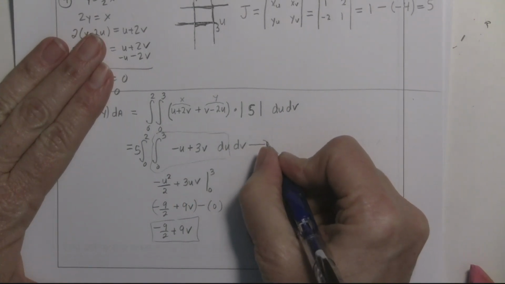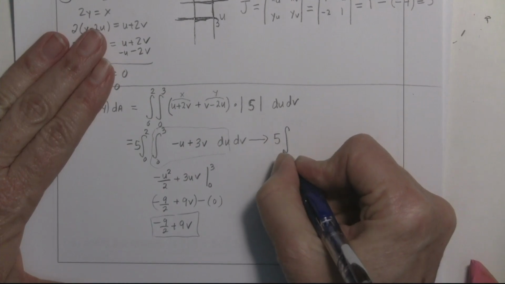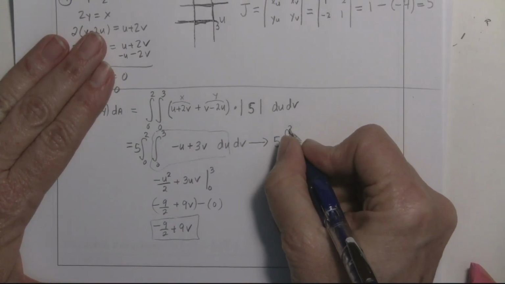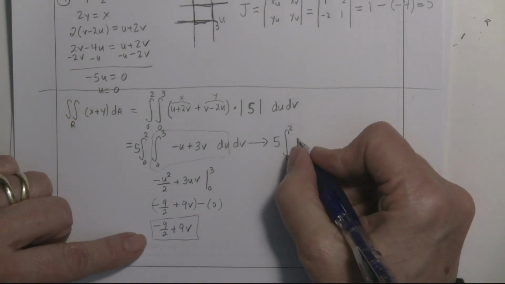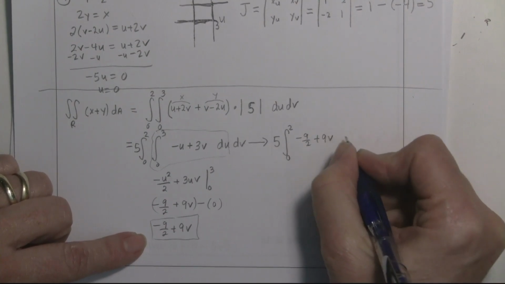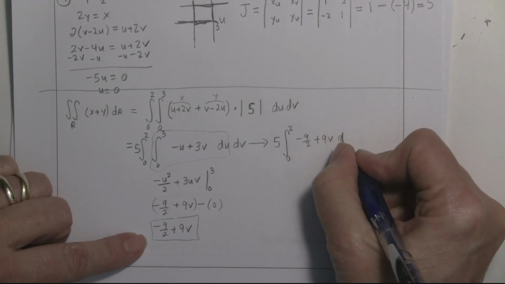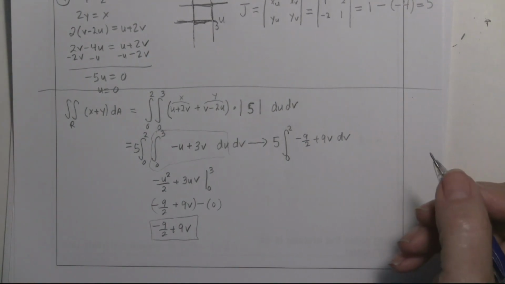And then I like to go with an arrow over and put all the stuff so I don't forget it, like the 5. And from 0 to 2, I might even remind myself that those are bounds for v. And I'm going to have the negative 9 over 2 plus 9v dv. And no, it's not okay to move the negative 9 over 2 out, and I wouldn't move anything out.